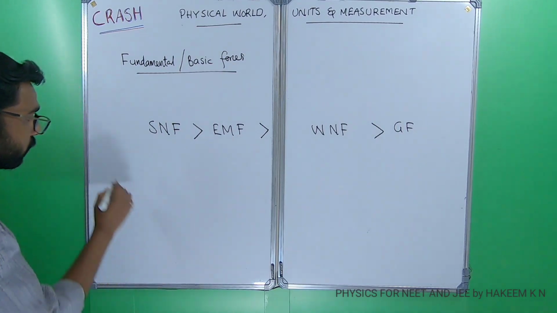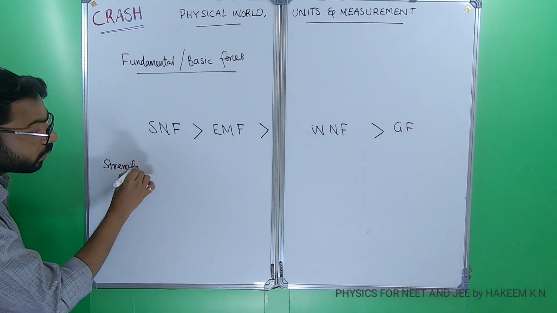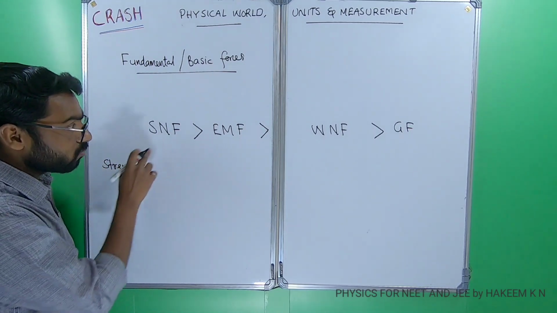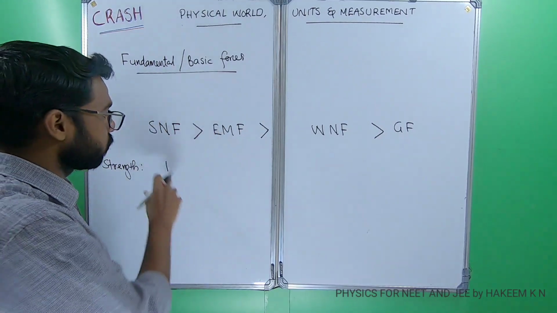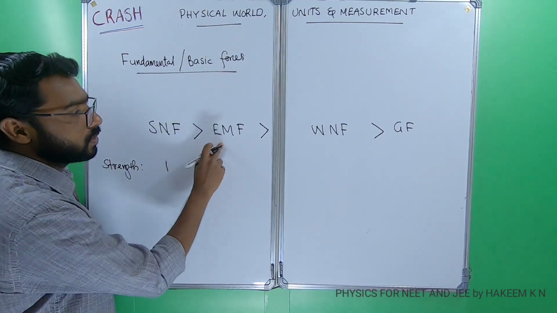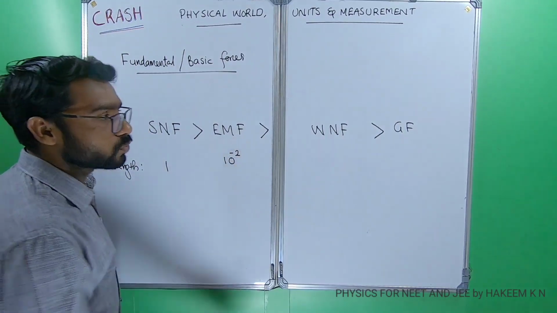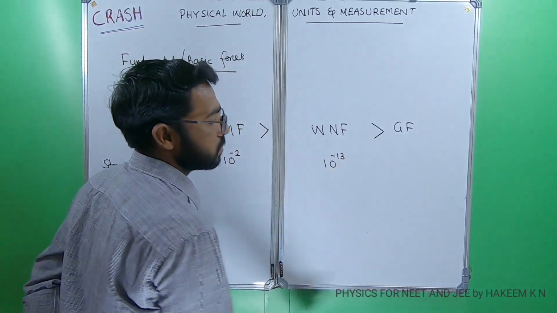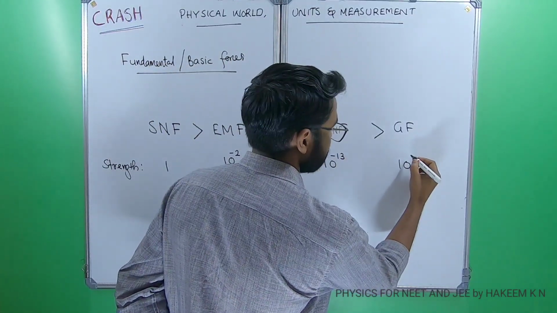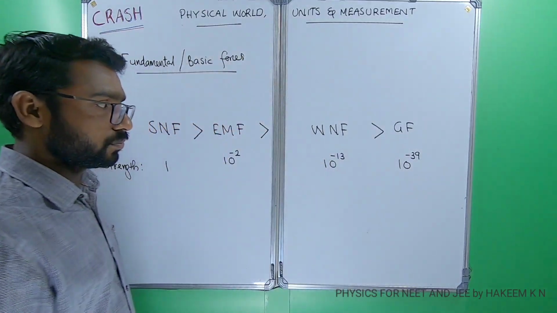So when we are comparing their strengths, if you take the strength of strong nuclear force as 1, then electromagnetic force has strength 10 power minus 2, weak nuclear force has strength 10 power minus 13, and gravitational force has strength 10 power minus 39.